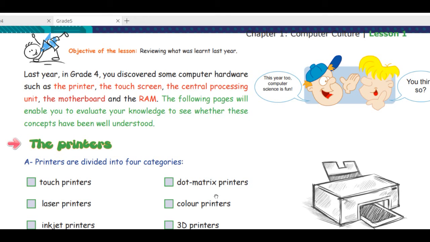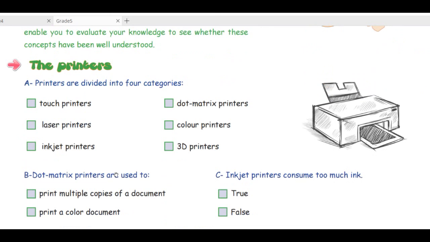And after discussing and asking those questions, you may pass to the book and quickly start doing this revision by asking about printers, for how many categories they are divided, and I just have to tick what are the categories of printers.